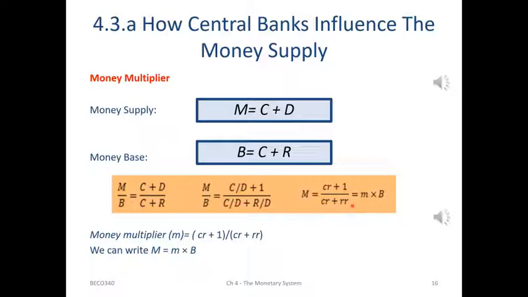We can now see how the money supply is proportional to the monetary base. The factor of proportionality, which is CR plus 1 over CR plus RR, is denoted by small m and is called the money multiplier.